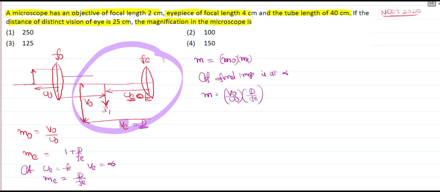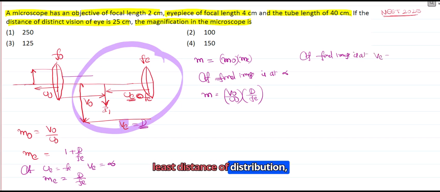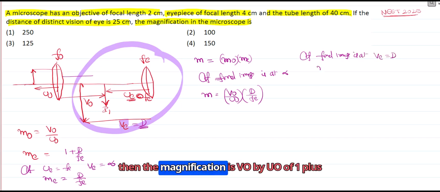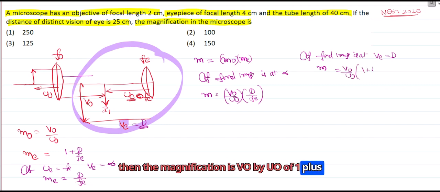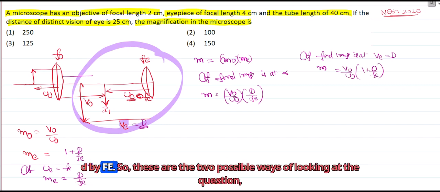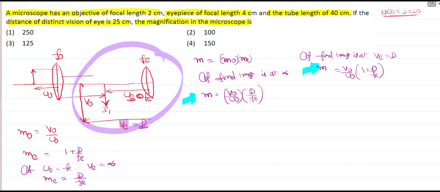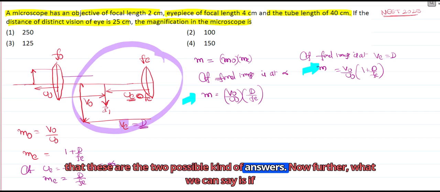If the final image is at the least distance of distant vision, then the magnification is VO by UO times 1 plus d by FE. So these are the two possible ways of looking at the question, two possible kinds of answers.